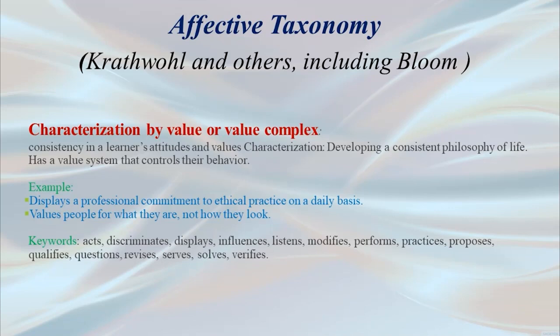For example, the learner displays a professional commitment to ethical practice on a daily basis, or values people for what they are, not how they look. And as you see, there is internalization of values in this level. Some verbs could be like influences, listens, solves, verifies, and so on.